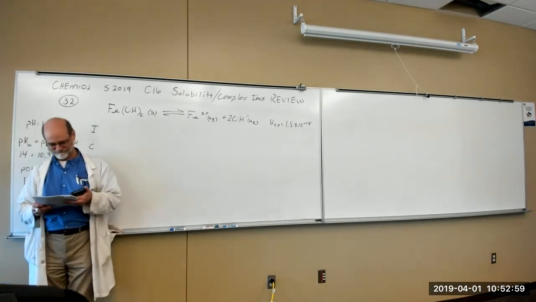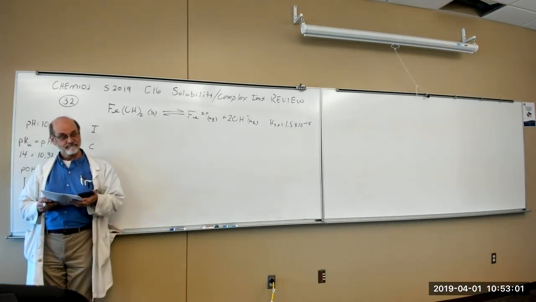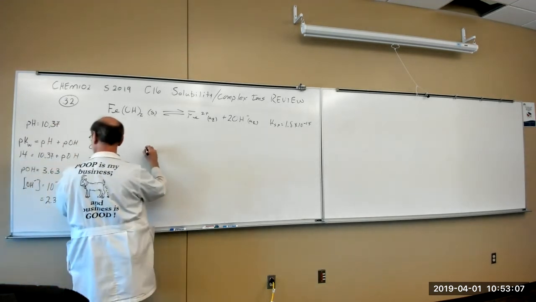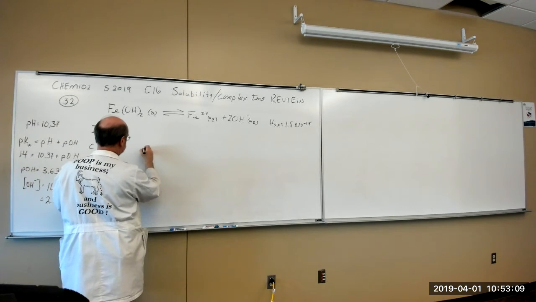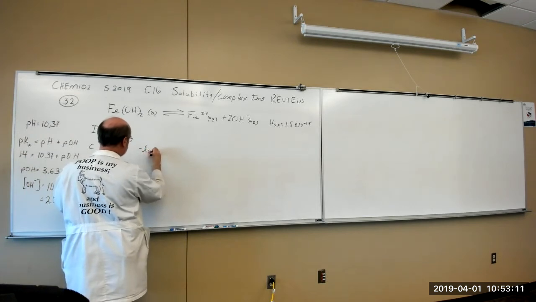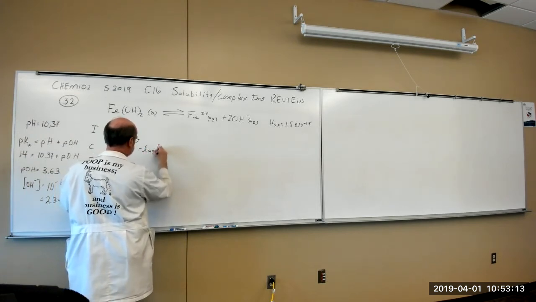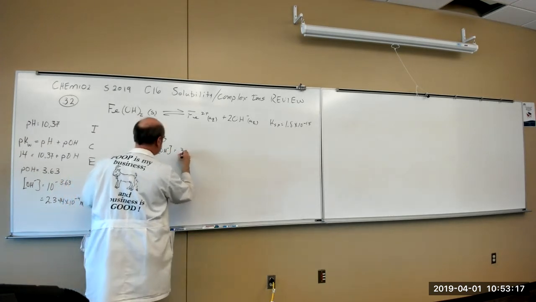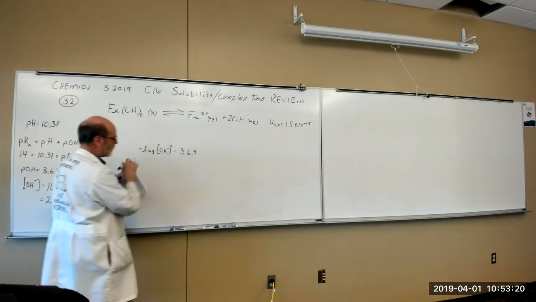If you move the negative log over to the other side, you're saying the negative log of this one is equal to that one, right?